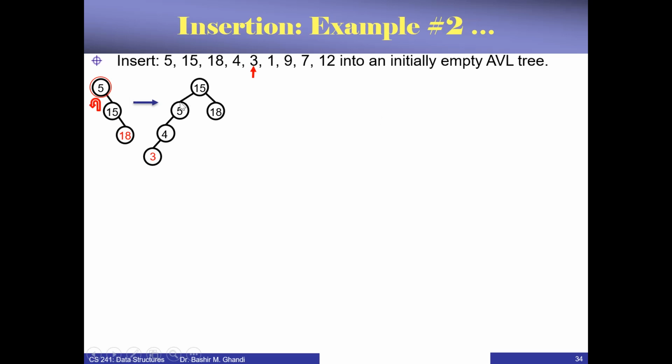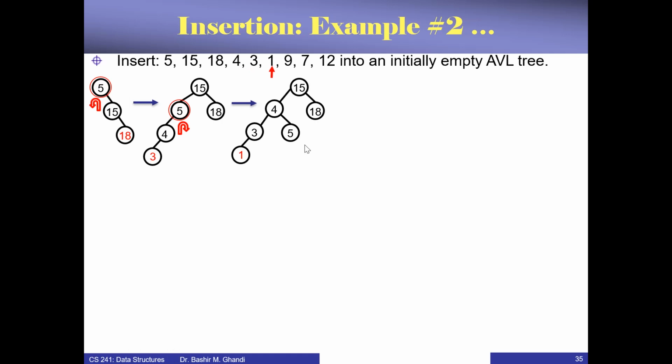What is the issue? It is a left problem, and the solution to a left problem is a single right rotation. So rotate 5 to the right, and you will have this: 4 going up to replace the 5, 15 going down to become its right child.